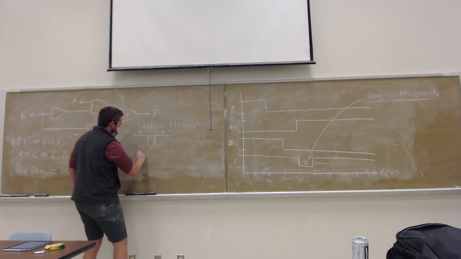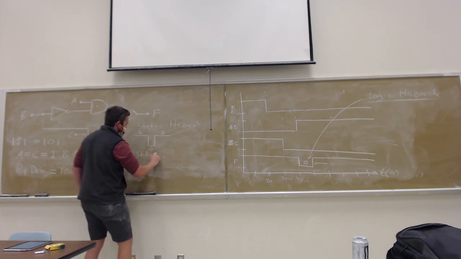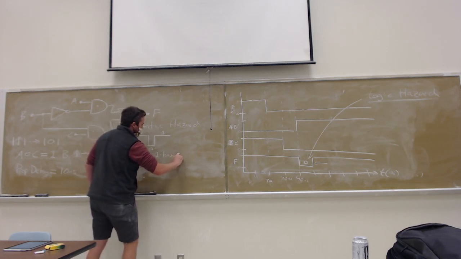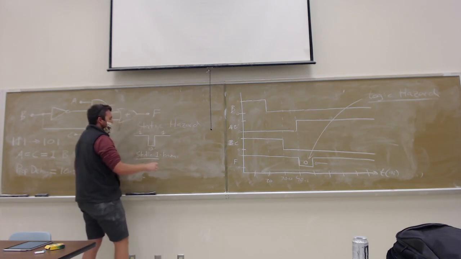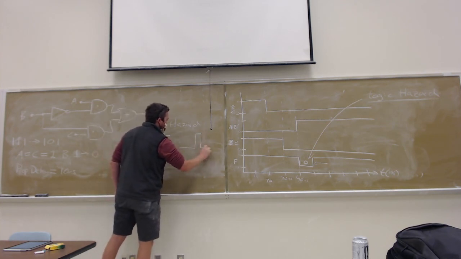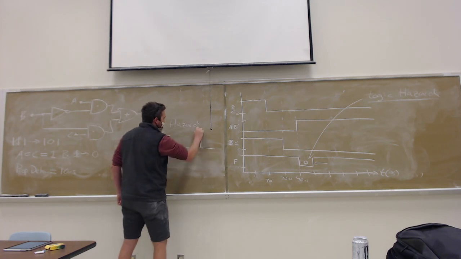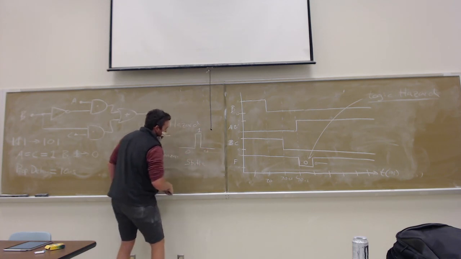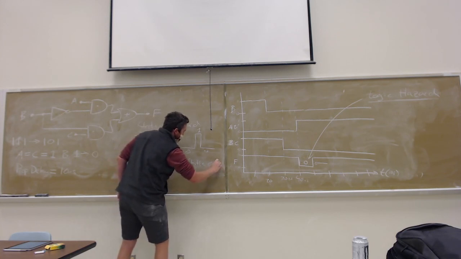That's called a static 1 hazard. Because it should have been static at 1, but it wasn't, right? On the flip side, if it's at 0 and then goes to 1 and then stays at 0, 0, 1, 0, that's called a static 0 hazard.